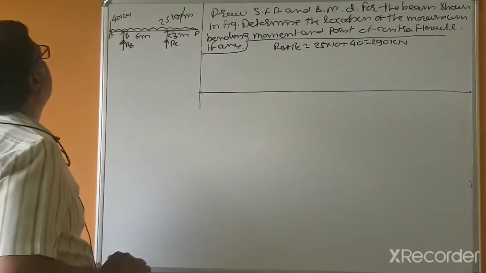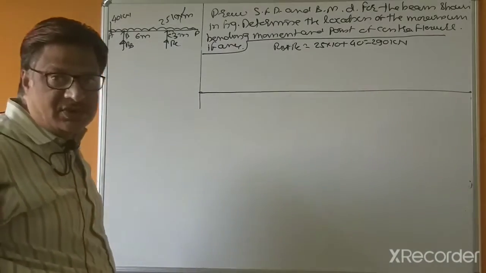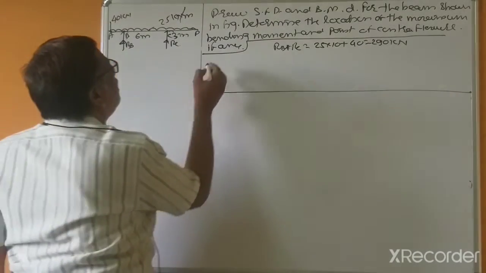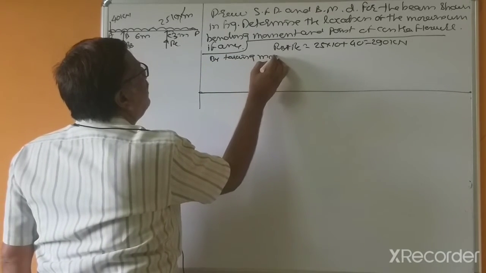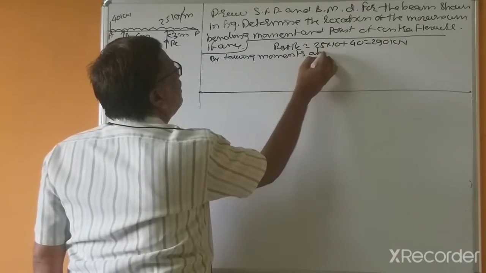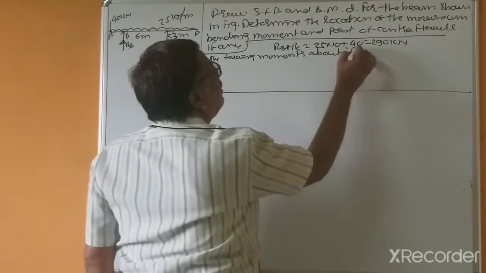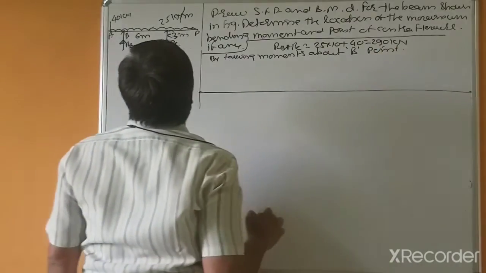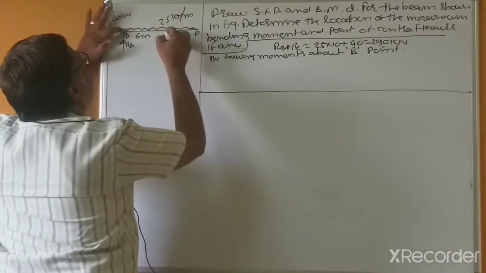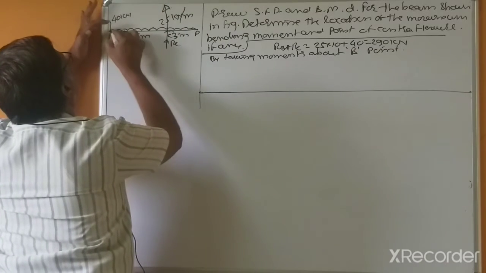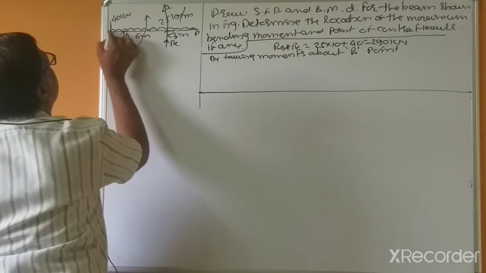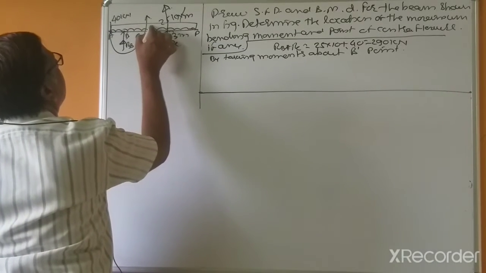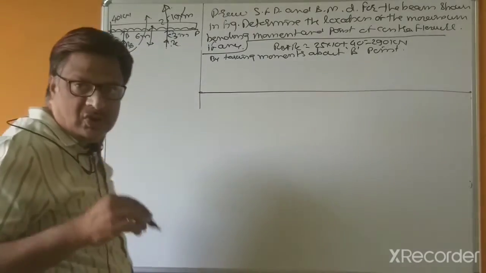Now in this case, take moment at supports, either B point or C point. So by taking moments about B point, this is clockwise, this is anti-clockwise, and this is uniform distributed load, clockwise.